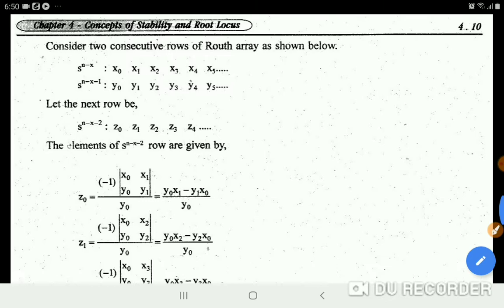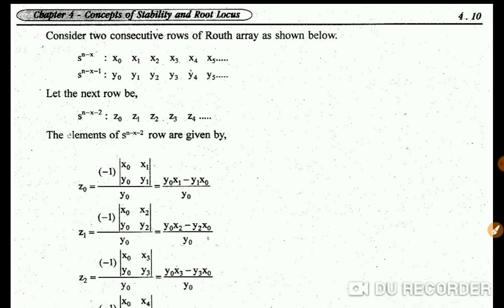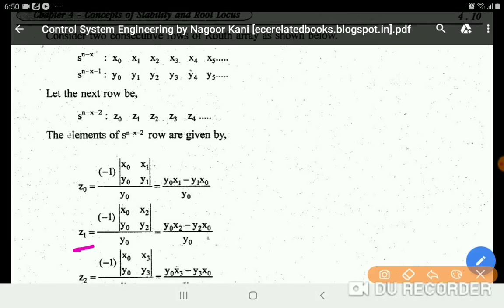Similarly, we could find Z1. How to find Z1? We consider x0, y0 and x2, y2. Construct minus 1 times the determinant of x0, y0, x2, y2, divided by y0.